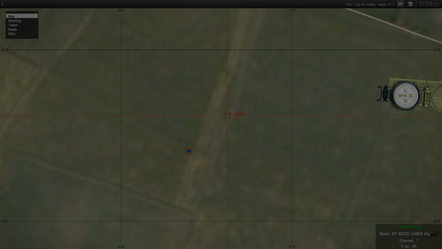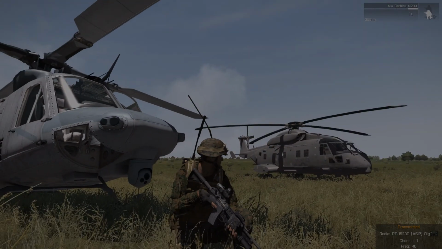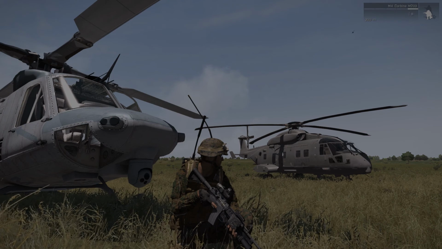LZ security is green. Marked by purple smoke. All patients U.S. military. How copy? At this time, the aircraft that you're talking to is going to report back with you, and then you can go ahead and get that bird in there.